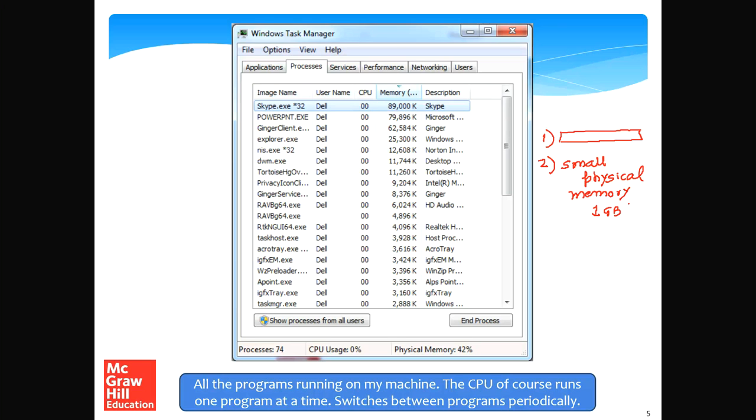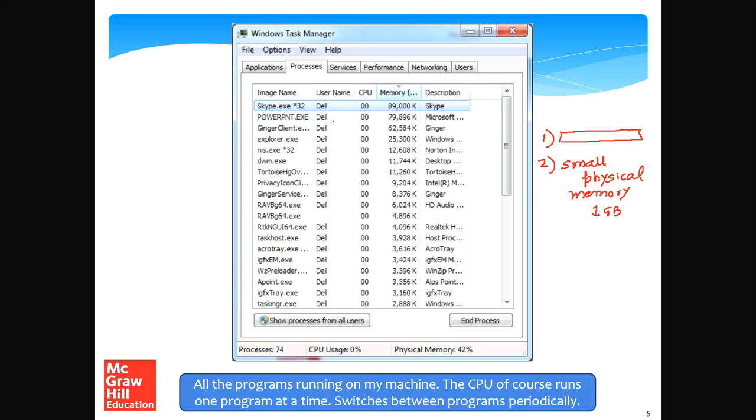So let's first take a look at assumption number one. This is a screen capture of the Windows Task Manager, which shows all the programs that are running on my system at this very point of time. As you can see, I'm running Skype, which is taking 89 megabytes of memory.